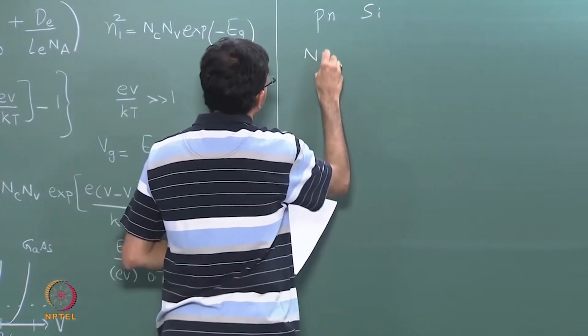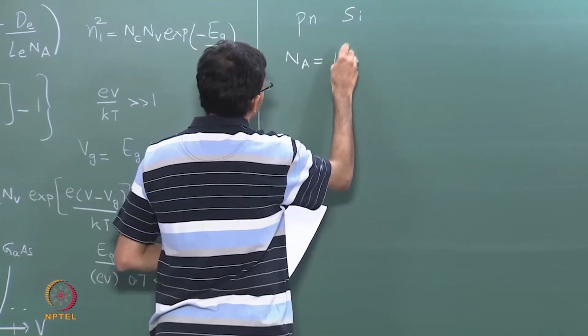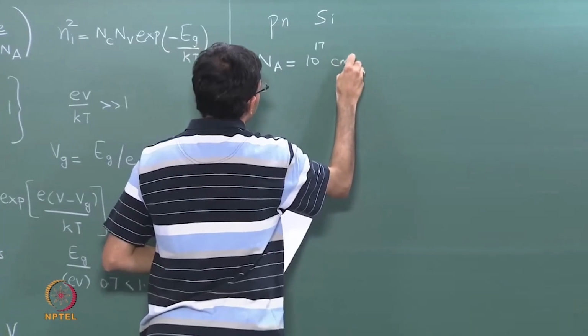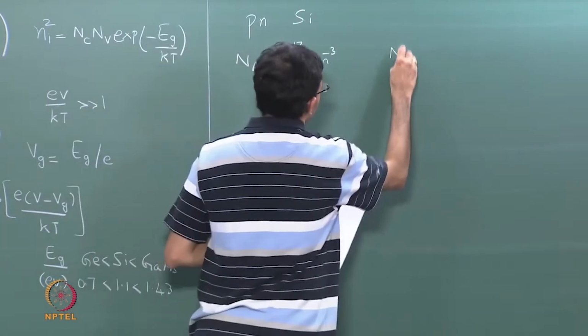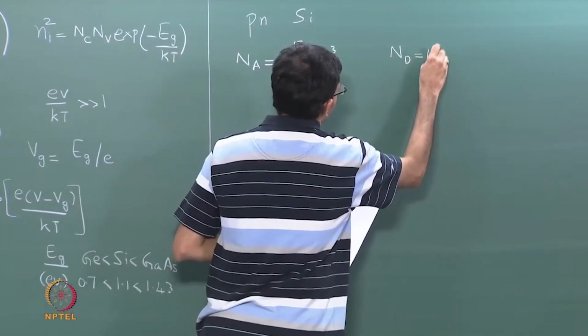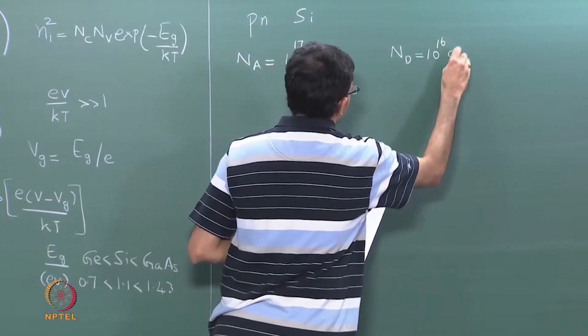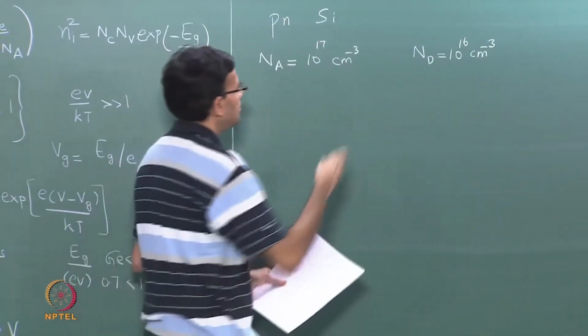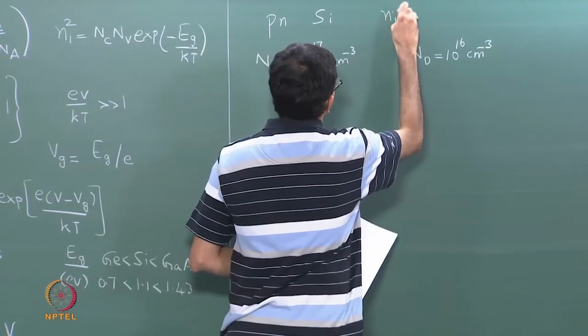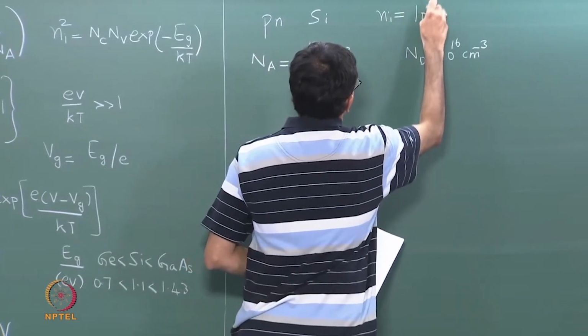We have Na is 10 to the 17 and we have Nd is 10 to the 16th. The material is silicon, so the intrinsic carrier concentration Ni is 10 to the 10.